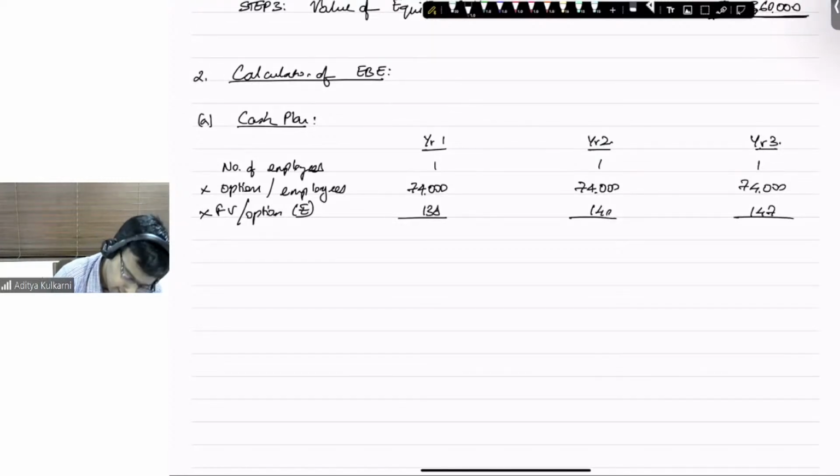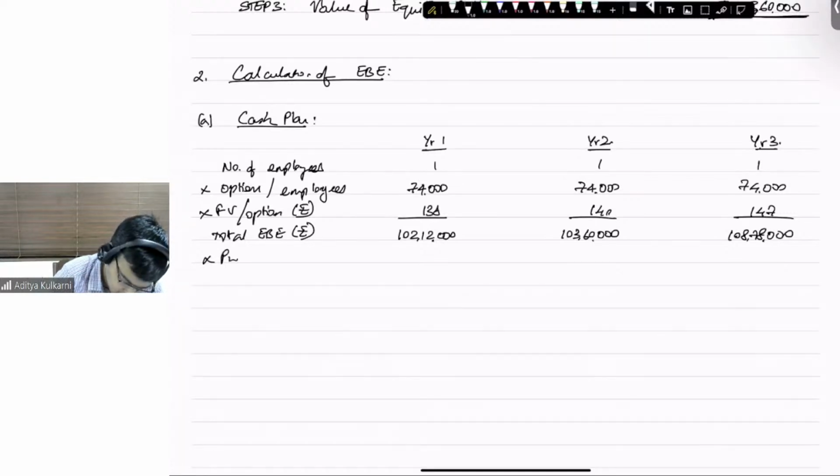You are going to get 102 lakhs 12,000, 103 lakhs 60,000, 108 lakhs 70,000. What is this going to be? This is going to be your total employee benefit expenses, into pro rata: 1/3, 2/3, 3/3.